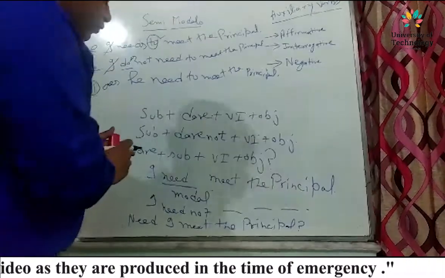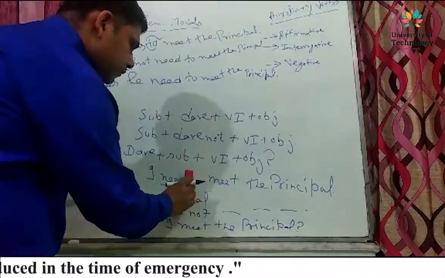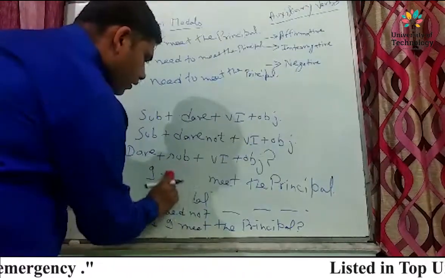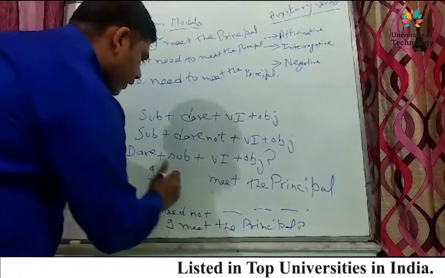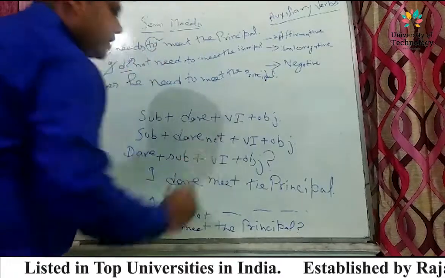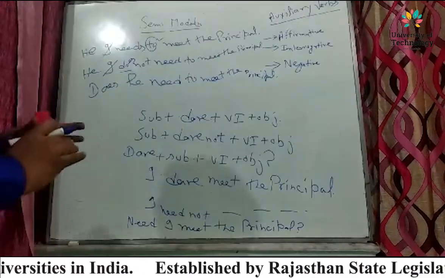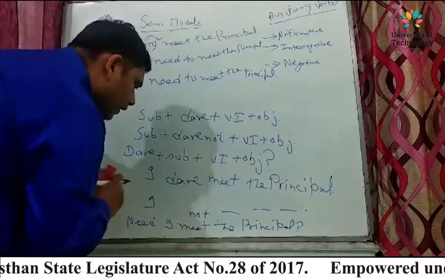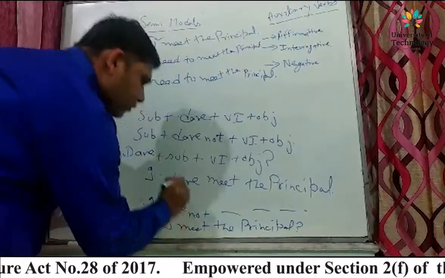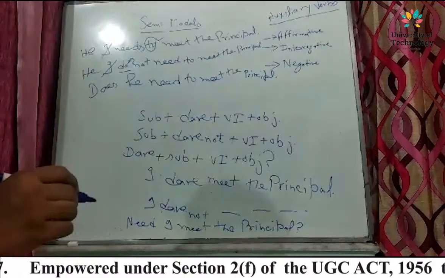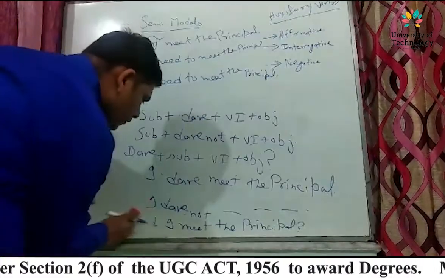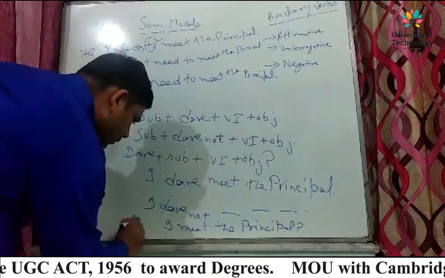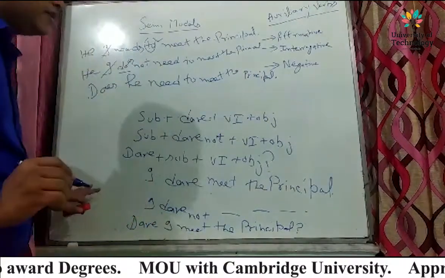So how to use? I dare meet the principal. मुझ में हिम्मत नहीं है, so I dare not meet the principal. क्या मुझ में हिम्मत है? Dare I meet the principal?